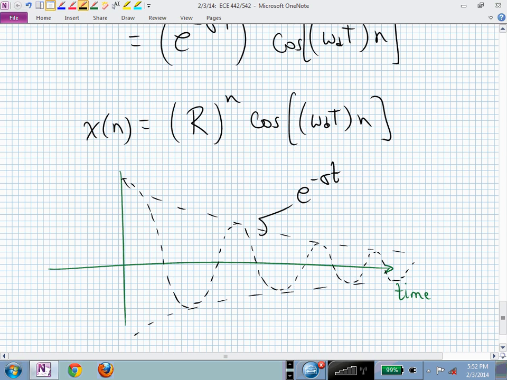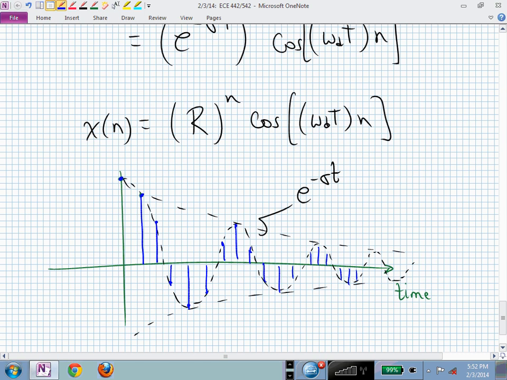And if we sample at a certain frequency, we now are going to be seeing something like that.